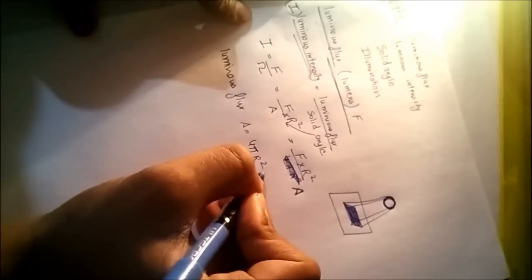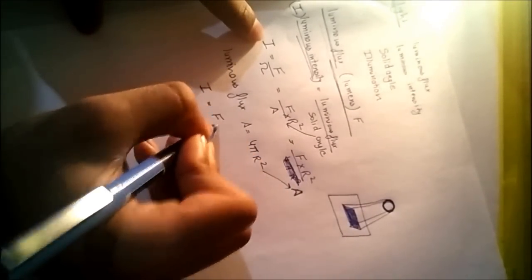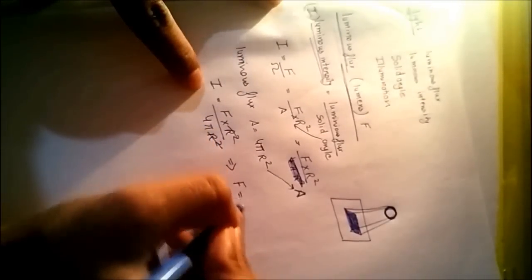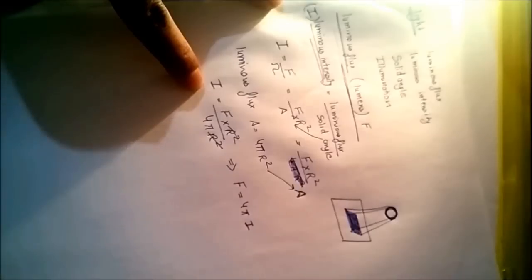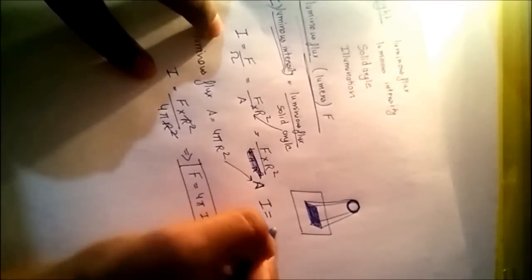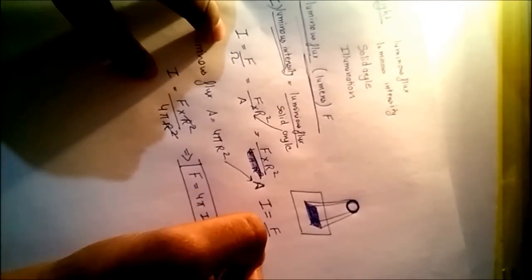We calculate the luminous flux for the whole round surface. Putting this area in, I is equal to flux into R square upon 4 pi R square, R square cancels out, and flux will be 4 pi I. So this is the formula for flux and this is the formula for I, I is equal to flux upon omega.